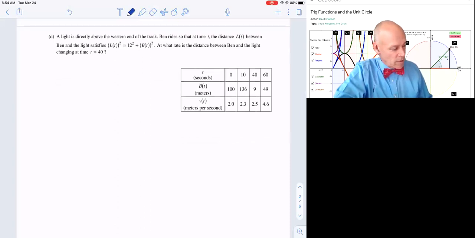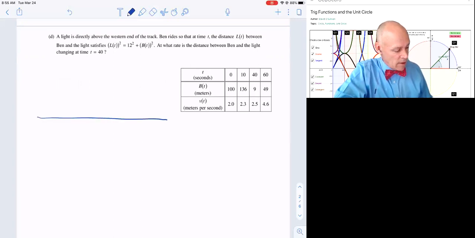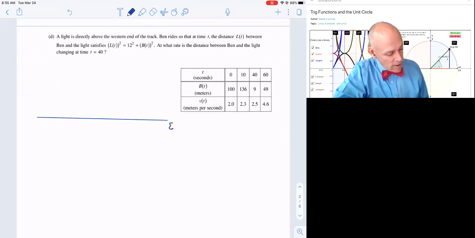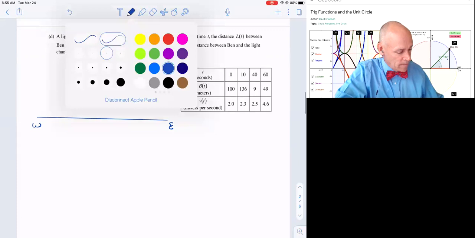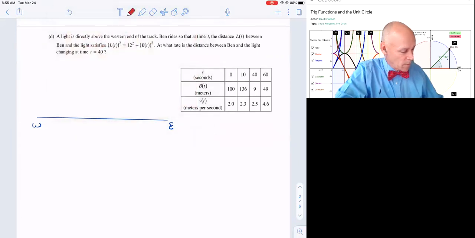And so if I draw just a line that represents the track, and I'm just going to label this as the eastern end of the track, and this is the western end of the track. And then we've got a light. This is kind of a side view. We've got a light that's directly above the west end.